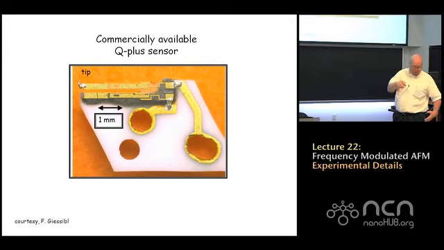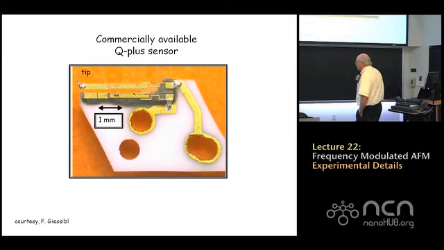So then you have to approach the substrate towards the tip using all the techniques that normal AFMs use, and you now are in a position to measure the shifts in the resonant frequency of the tuning fork due to the tip sample interaction just by measuring the current that flows through the tuning fork. You no longer need to use this laser to bounce off the tine of the tuning fork into a photodiode.